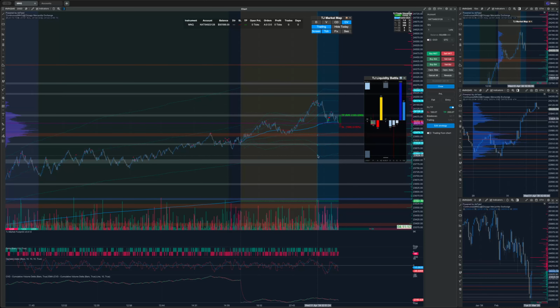Now, as we see, the market is already moving. We are at a time of 4 o'clock in the morning, Chicago time. I'm trading on a 200 delta chart, so every candle is an equivalent of 200 delta.